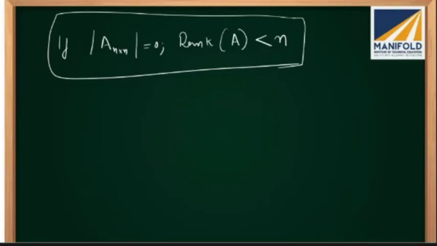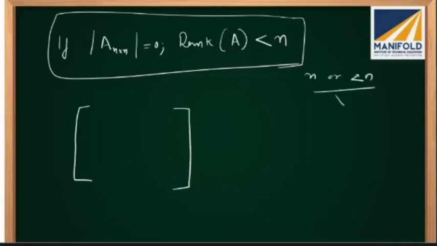Clear. Now we'll check how to evaluate the rank of a matrix using echelon form, or how we do the echelon transformation of a matrix into echelon form. That is a formal way to check the rank of a matrix. We can easily check if the rank is n or less than n using the determinant.